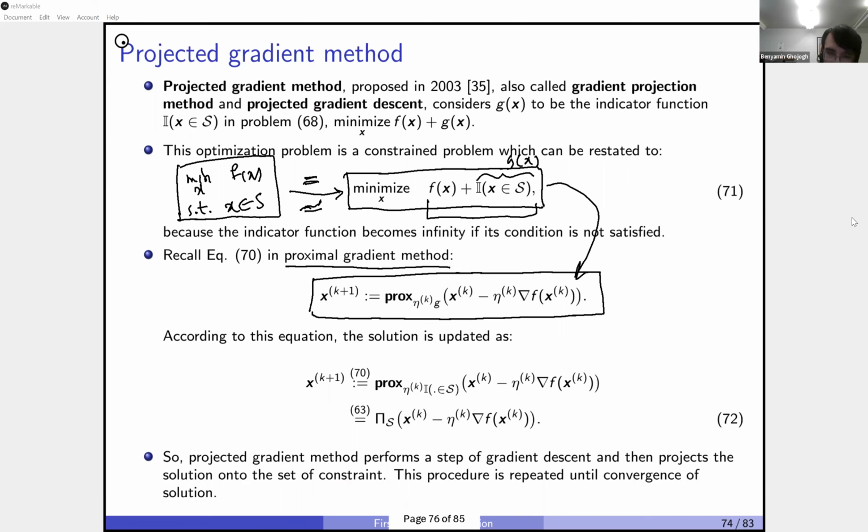This was the proximal gradient method. Now, the function g is an indicator function. So I'm replacing g with the indicator function. And we already talked about it several slides ago: the proximal mapping of the indicator function is a projection onto its set.